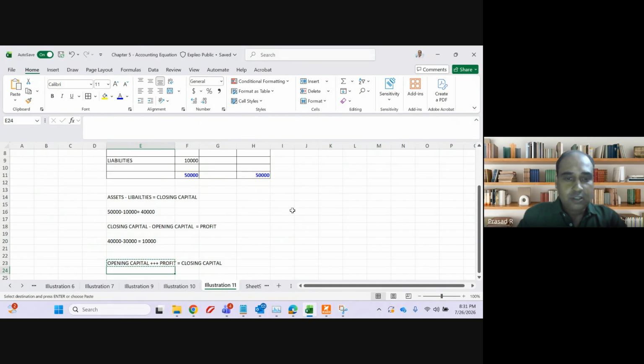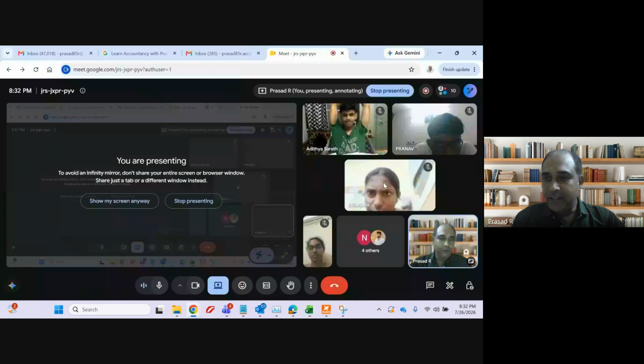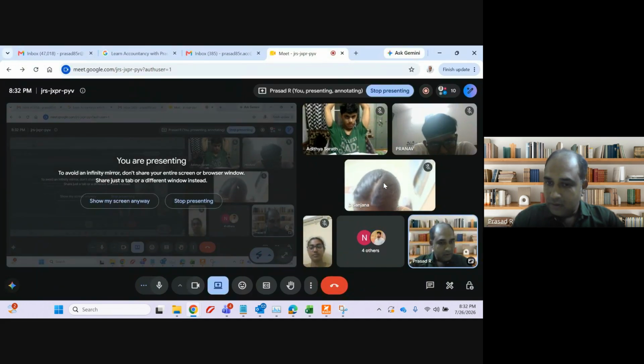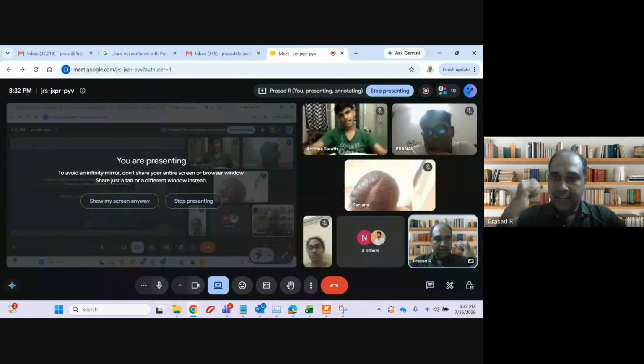If it is a loss, opening capital minus loss will be equal to closing capital. Business can have profit or it can have loss also. Clear? Any doubt, guys?